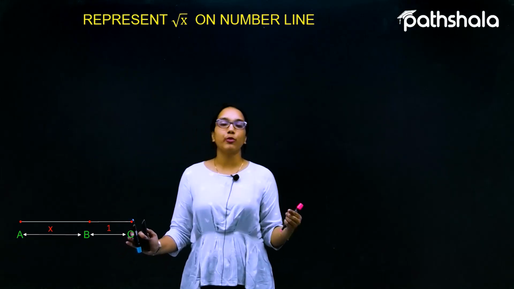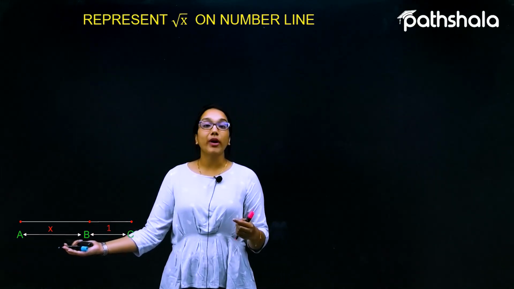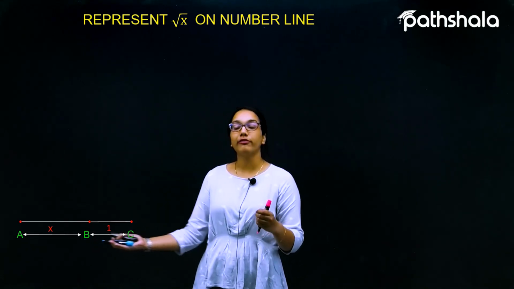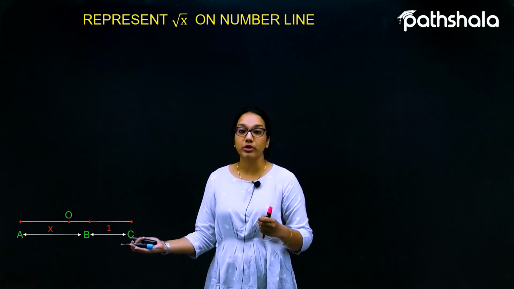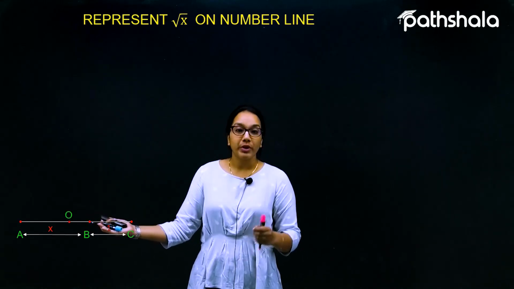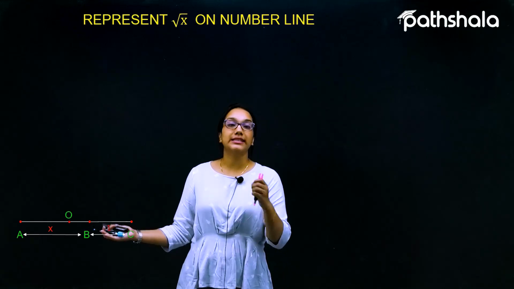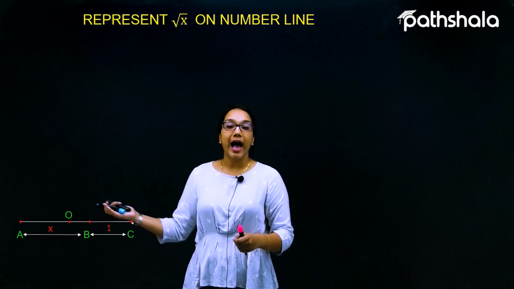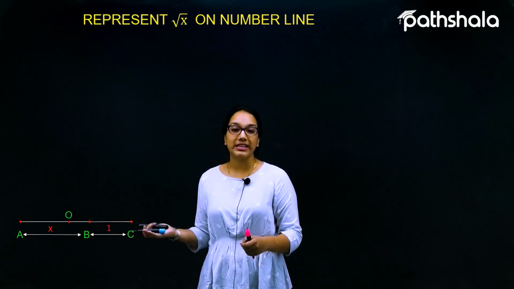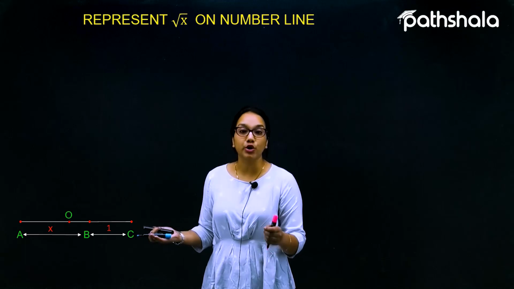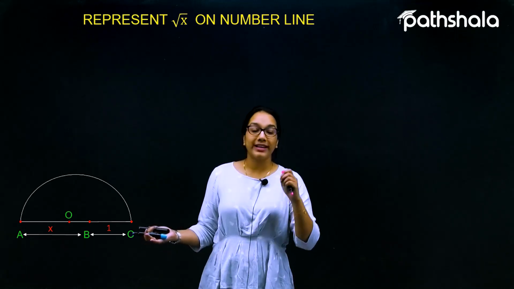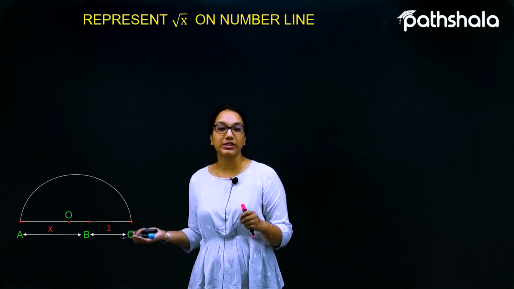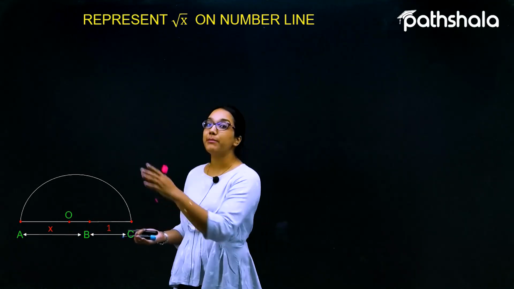The next step would be like, take the midpoint of the line segment AC. Let us suppose the midpoint is the point O. So taking O as a center, and OA or OC as the radius, draw a semicircle.